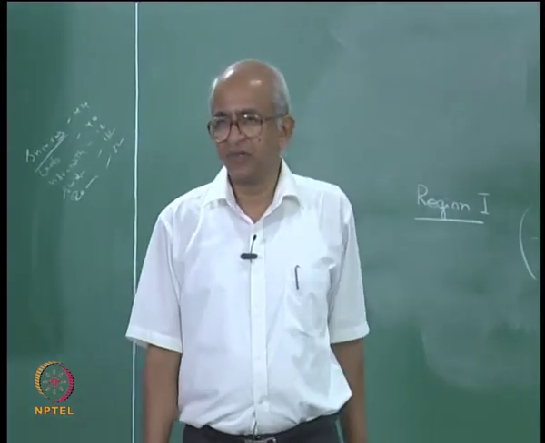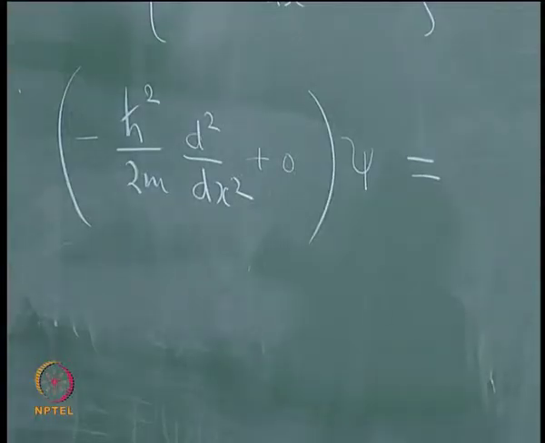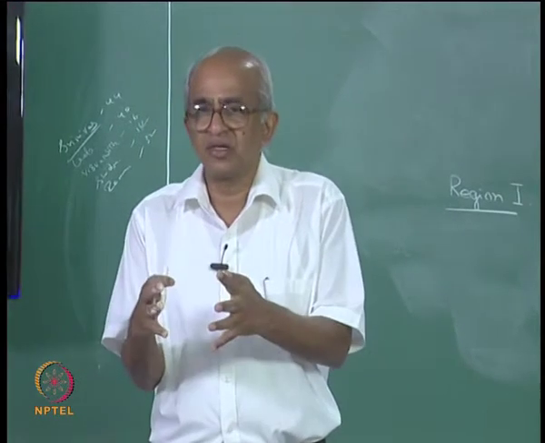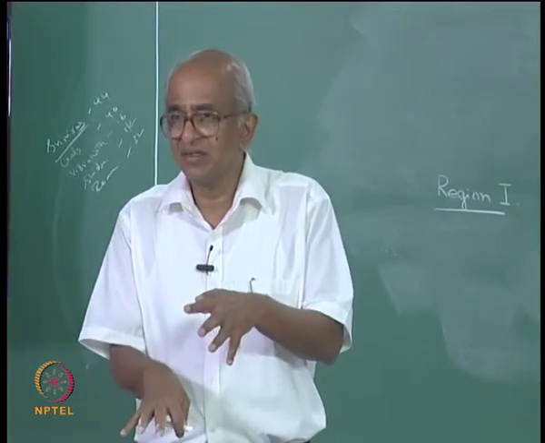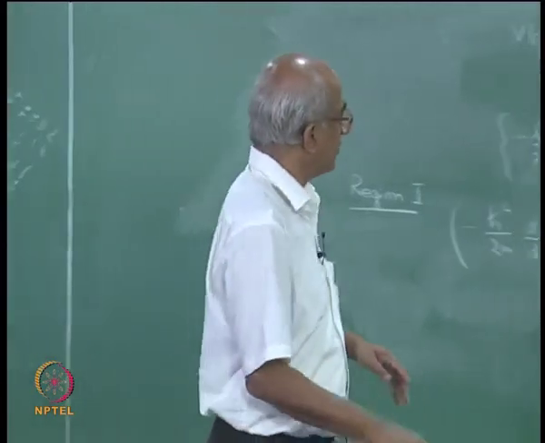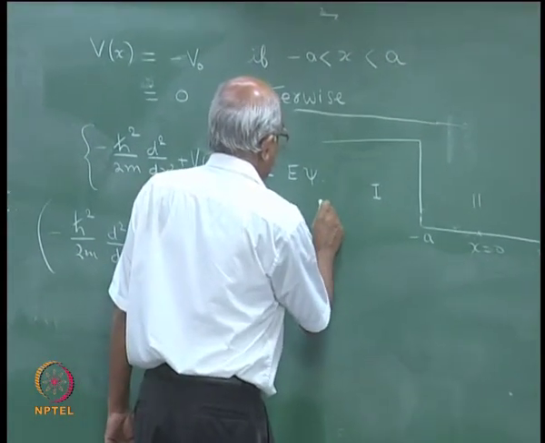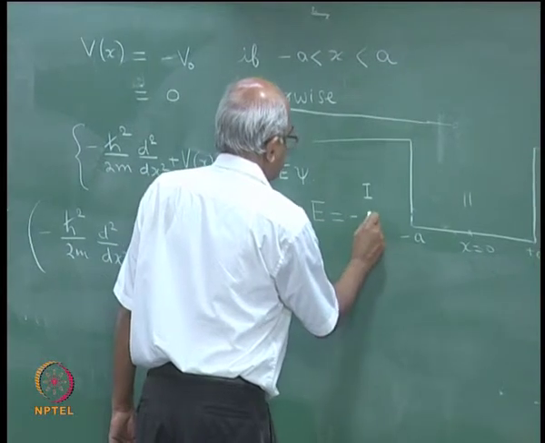the energy of the particle multiplied by the wave function. But I told you that I am interested in the situation where the total energy of the particle is less than 0. Therefore, I will adopt this notation. I will say that E is equal to minus epsilon.